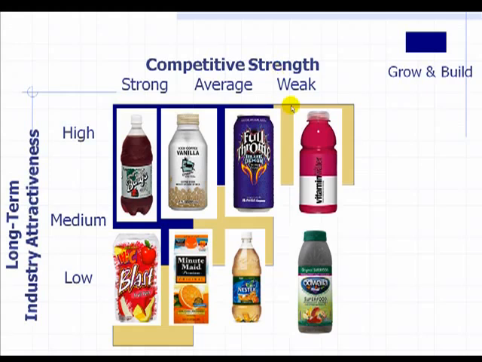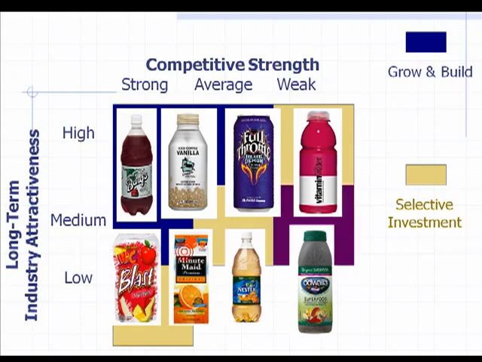These products might be in a great industry, but they're weak in competitive strength. Conversely, they might have tremendous competitive strength, but might be in an industry that has very low long-term attractiveness. So these are products that are kind of on the bubble. We're not really sure what to do with them. They have some promise, but we prescribe selective investment strategies for these types of question marks.